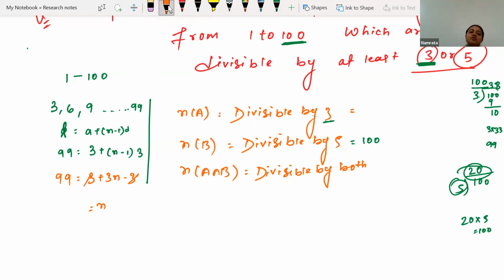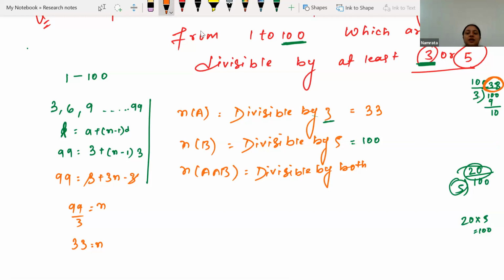So the n value will be 99 by 3. That means 33. Can you see? Yes, ma'am. Here also we don't have to multiply after that. The number of times it divides the larger number perfectly, without any remainder, that only we will take. We don't have to take the decimal value.